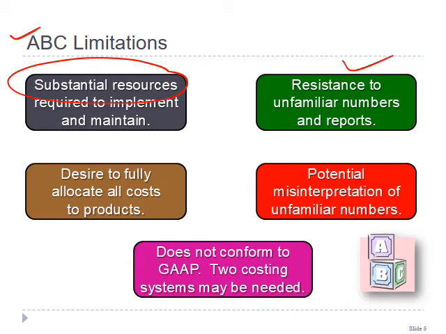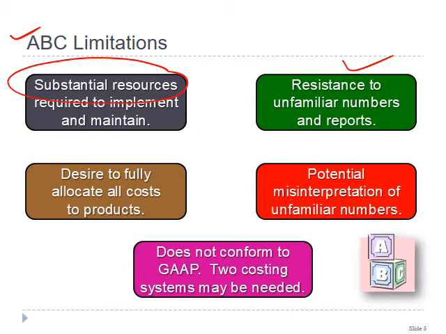The next one is resistance to unfamiliar numbers and reports, which means the ABC costing produces concepts like product margin, which is very unfamiliar to the manager, because traditional costing produces numbers such as gross margin, net operating margin, net margin, right? So managers have some kind of odd preferences.